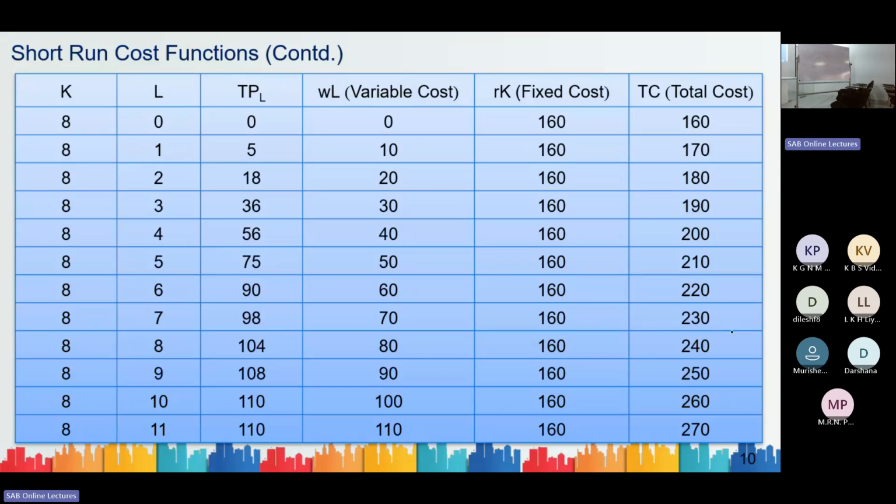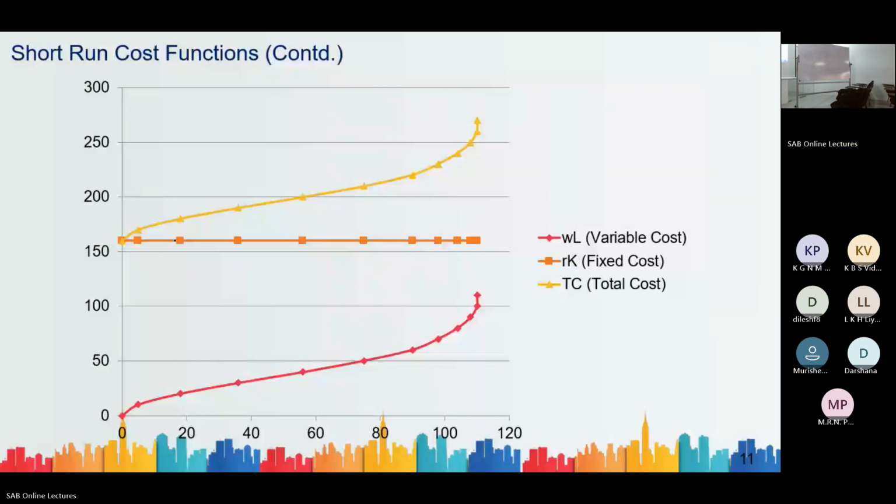Okay. If you sketch these values, you will see they show the same shapes we discussed before. This is total fixed cost. This is total variable cost. It increases at a decreasing rate first, and afterward it increases at an increasing rate.